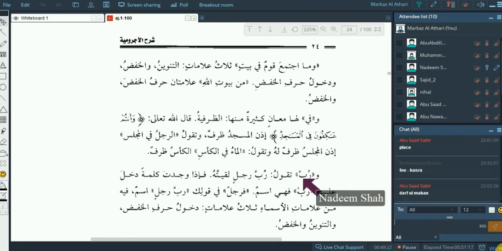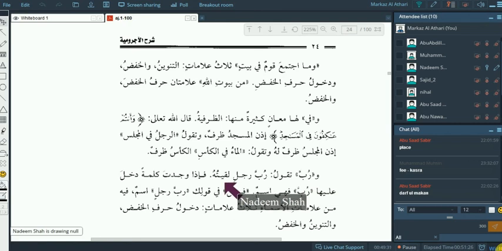Rubba. This is our friend that the brothers were asking about in the first class. What is the meaning of rubba? And I said we'll wait for it, inshallah the Shaykh will explain it. Rubba rajulin laqituhu. This word over here, how do we know rajul is an ism?